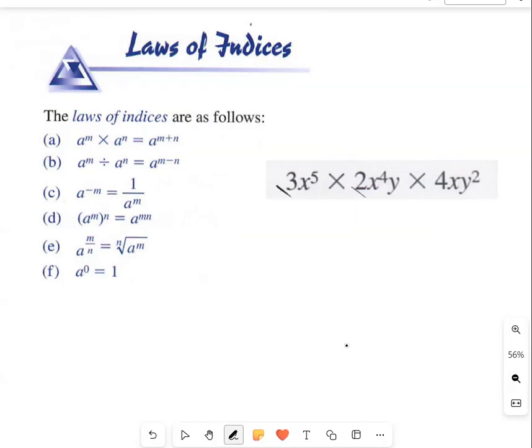The 3 by the 2 by the 4, you want 3 multiplied by 2 multiplied by 4. And you have times x. Now you don't have to write it out. You add the powers, right? 5 plus 4 plus the 1 here. And then y times y. You don't have to put a multiplication sign, right?